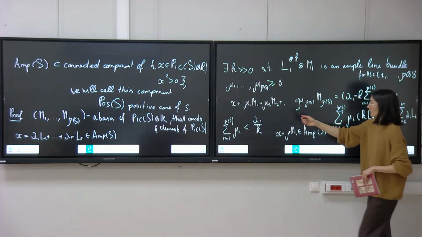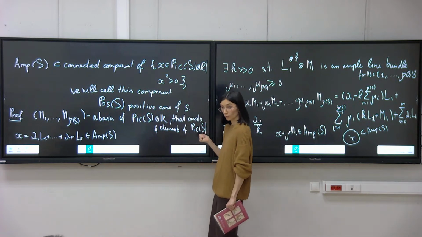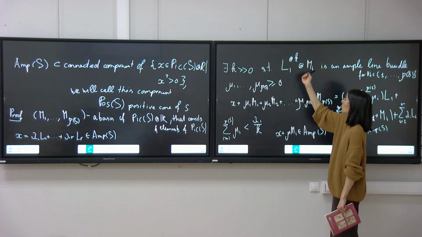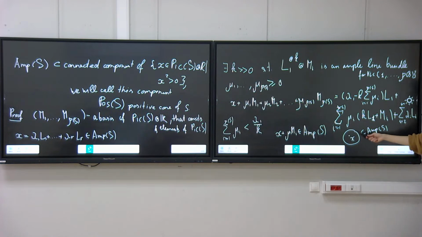MI was just a basis induced from the Picard group, but we have a theorem that tells us that we obtain that this is something open. We can consider mu I or minus mu I, doesn't matter. So we obtain an open ball in the ample cone.